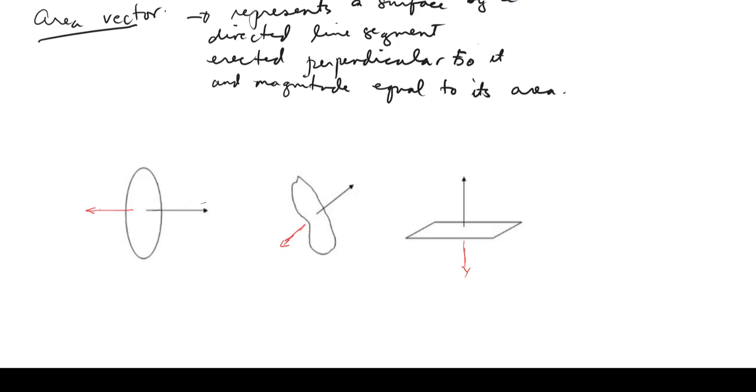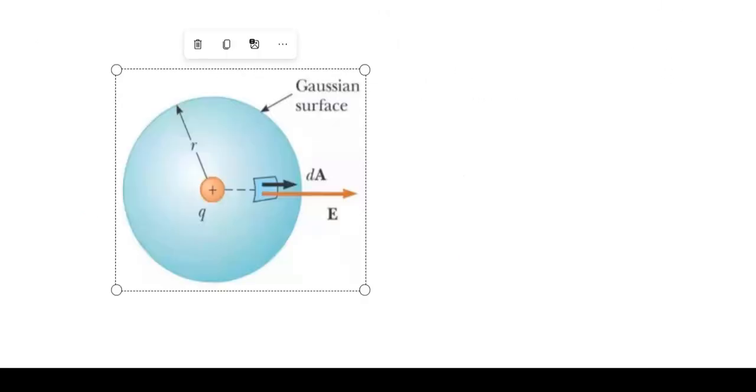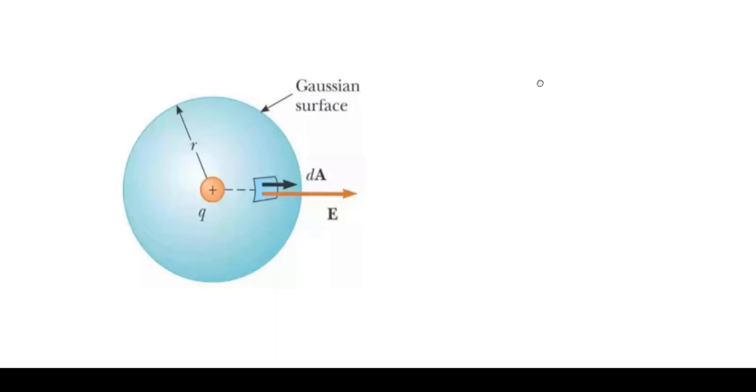So let's consider, for example, a point charge located at the center of an imaginary spherical surface of radius r. Yes, in this drawing, note that a small portion of a spherical surface is not flat.